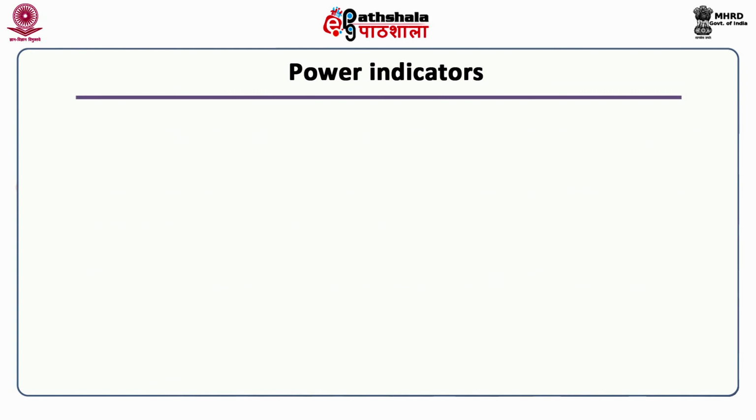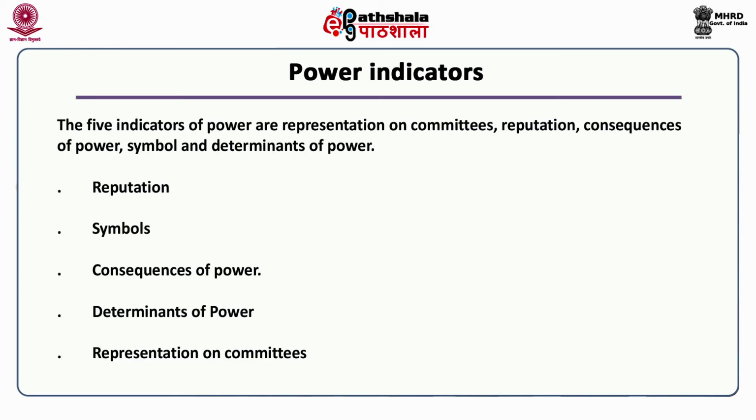There are 5 criteria available to check the use of power in decision making rather than by logic. The 5 indicators of power are representation on committees, reputation, consequences of power, symbols and determinants of power.